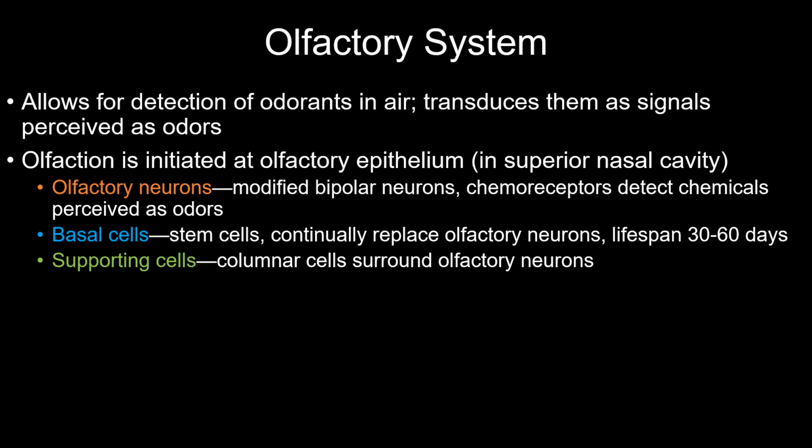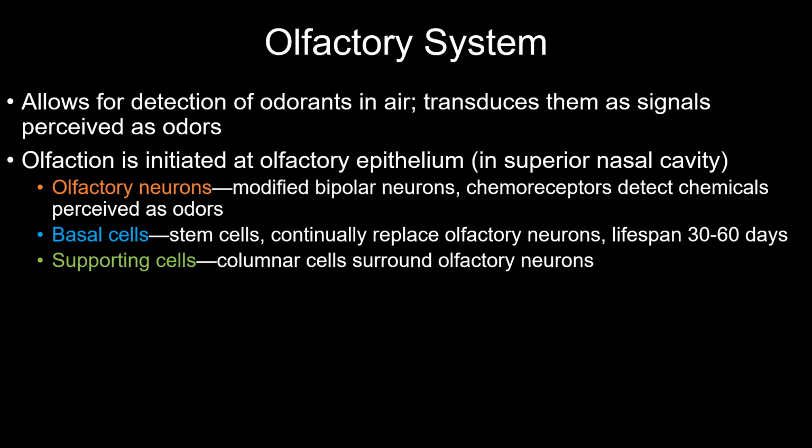So this is a bipolar neuron, and each of these neurons' modified dendrites project into the roof of the nasal cavity, on the superior region, and then they go through the roof of it. At the end, each dendrite will have an expanded tip containing non-motile olfactory cilia that increase their surface area available for odorant detection.